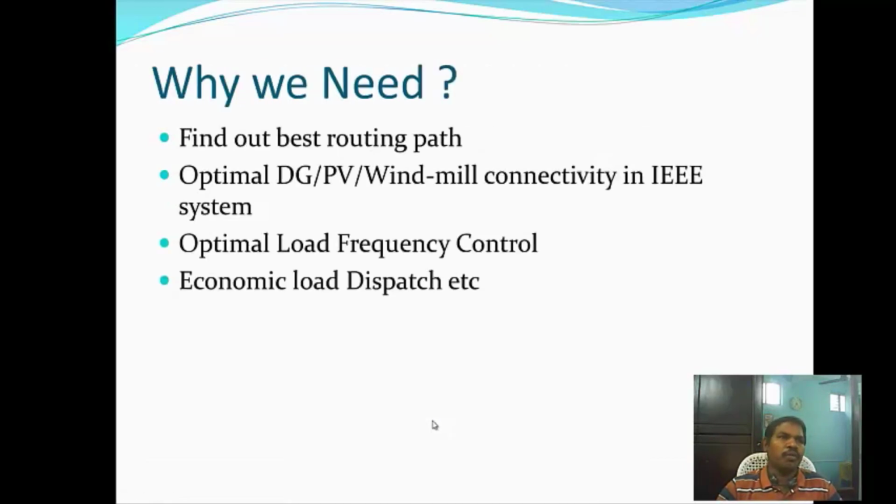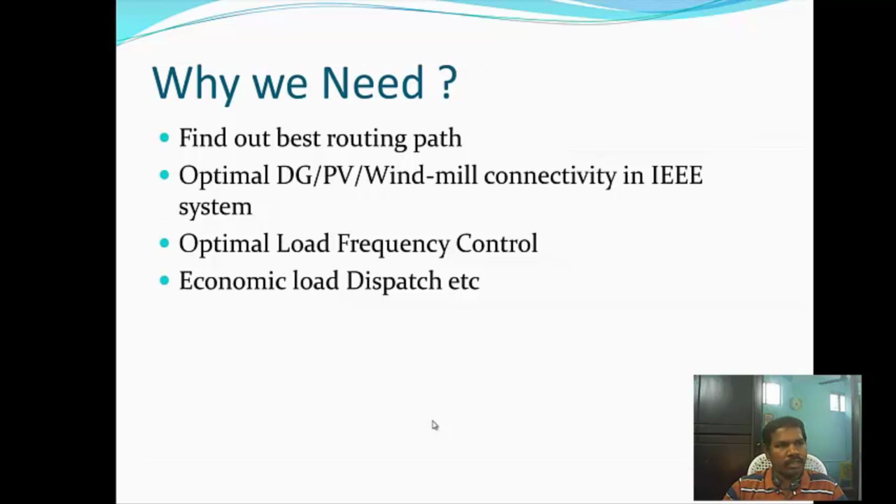First of all, we should know why we need optimization in electrical concepts or any applications. In simple real world applications, maybe Google search and Google Maps use it to identify the optimal routing path. For that optimal routing path, they need to implement the optimization concept, because we need to identify the efficient routing path that minimizes the cost and the time.